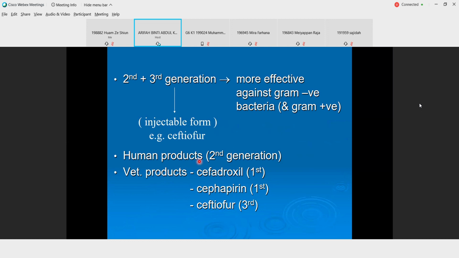The second generation products are mainly human products. We can use them in veterinary practice, but we must take the responsibility. We must be very careful with the dose, because the dose is meant for humans. Roughly, we take the weight of a man, and when I say a man, it includes people in general, to be about 65 to 70 kg.